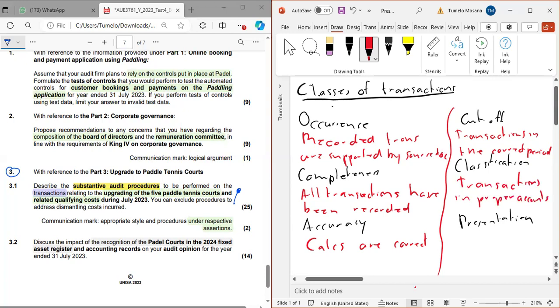Then, with the presentation, you need to check whether the transactions are appropriately aggregated and disclosed in the correct financial reporting framework, maybe in terms of IFRS 3, IAS 16, IAS 8, etc. So they need to be with reference to the applicable financial reporting framework.